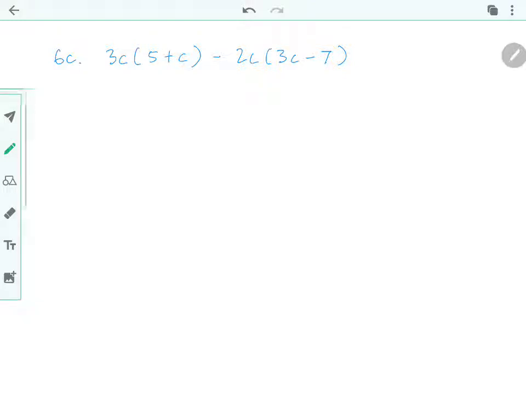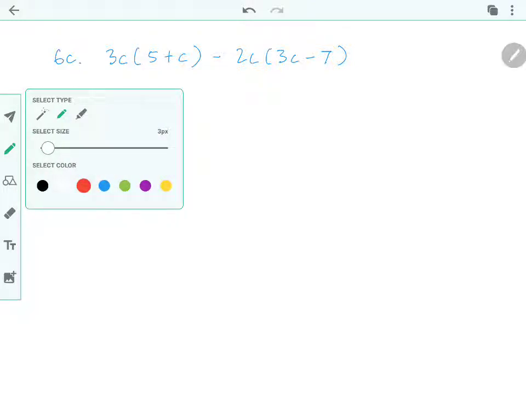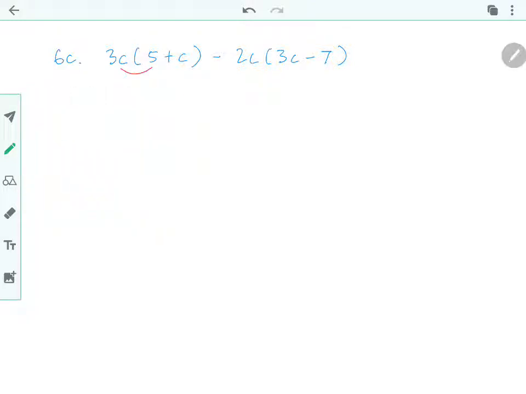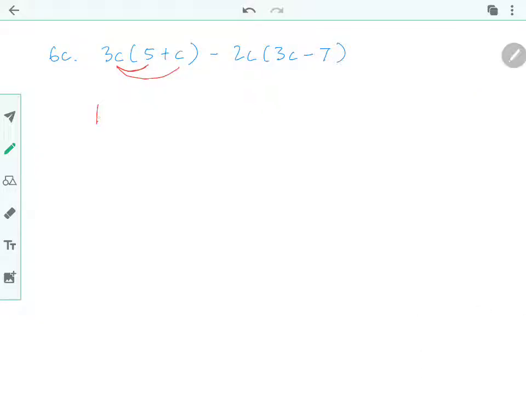What you need to do is rainbow multiplication again. So 3C times 5, oh my bad, sorry, equals 15C. So 3C times C equals 3C squared.